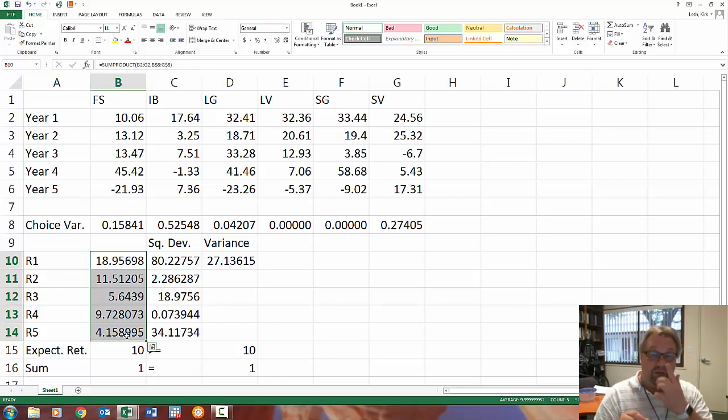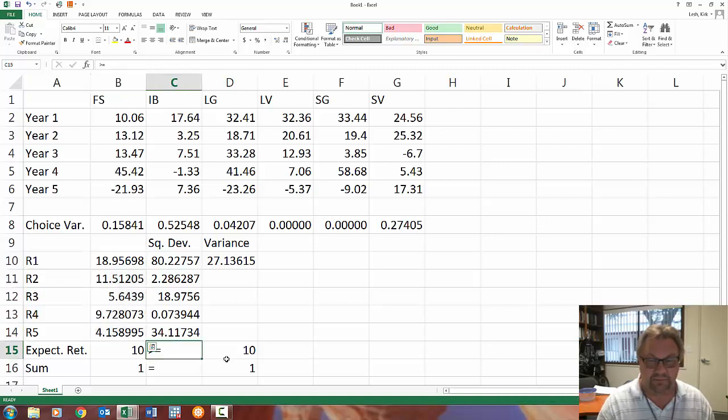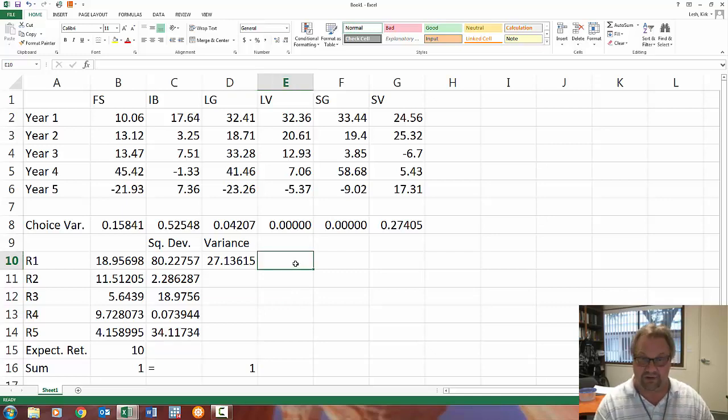So this problem was minimize the variance subject to some return. Well, I can flip this around and say, look, I want to maximize my return subject to minimizing my variance. So in this problem, I'm going to get rid of that constraint, and now my constraint comes up here.